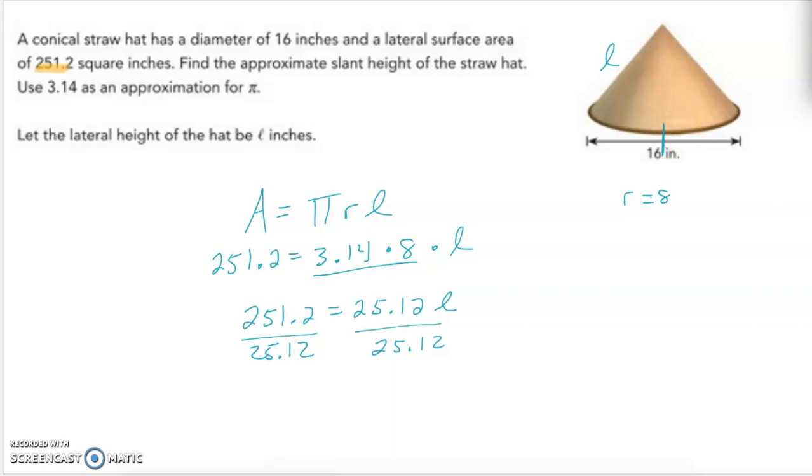So 251.2 divided by 25.12 is going to be 10. All right, so it's going to be 10. So that means 10 is equal to L. So the slant height is equal to 10. All right. Okay, so that is, again, just follow the formula, fill in the things that you know, and solve it. You guys should be good.